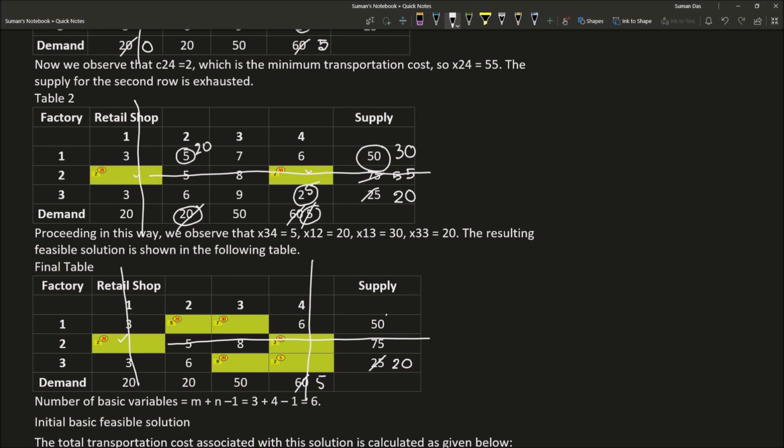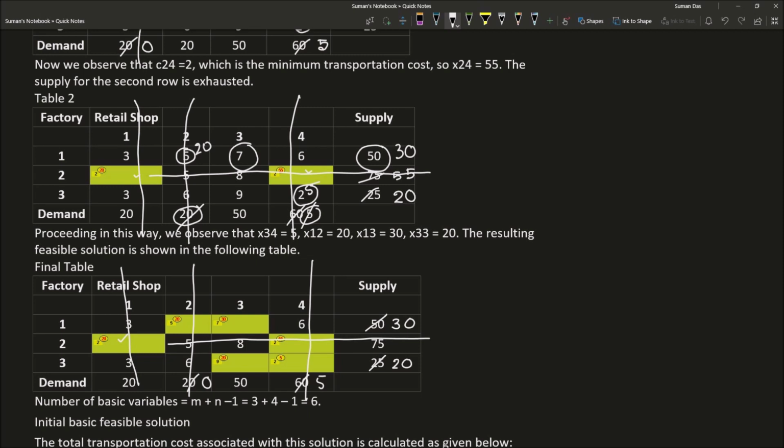So that one is 30 now and that one is 0, and we can cross out that column also. So we proceed to the next lower cost value. Already that has also been crossed out. So we proceed to the lower value, that is 7.